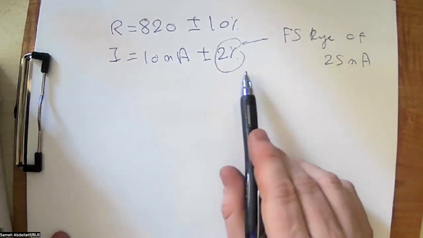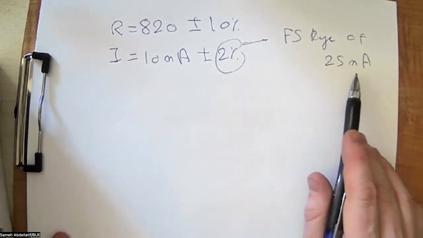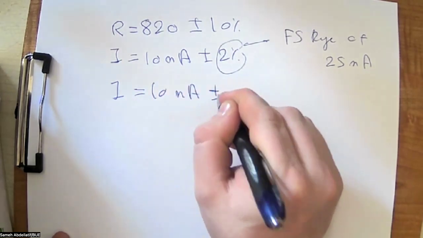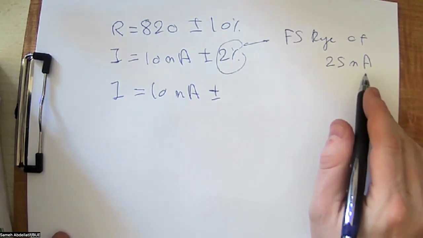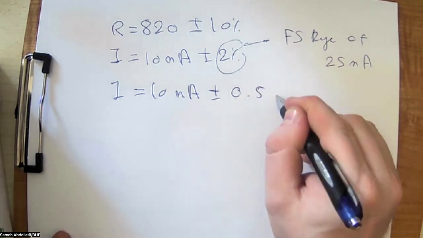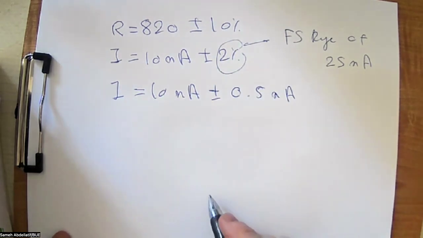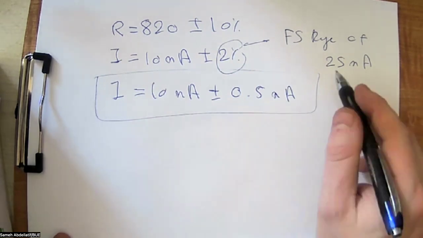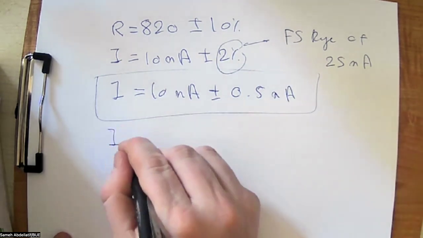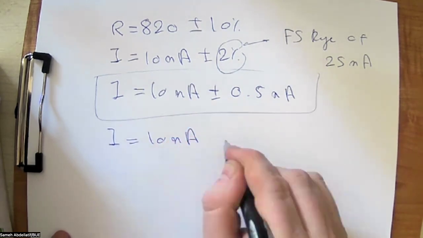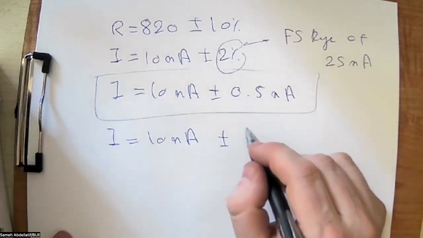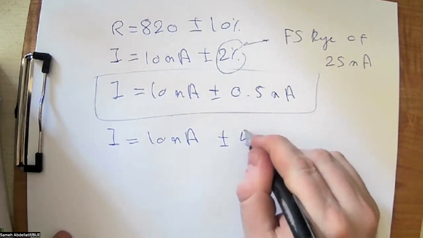The absolute error is 2% of the 25 milliampere, so it is 10 milliampere plus minus 0.5 milliampere. Now you can return it back into a relative error of the measurement, not of the full scale. So I equals 10 milliampere, and 0.5 of the 10 is 5%, so plus minus 5%.